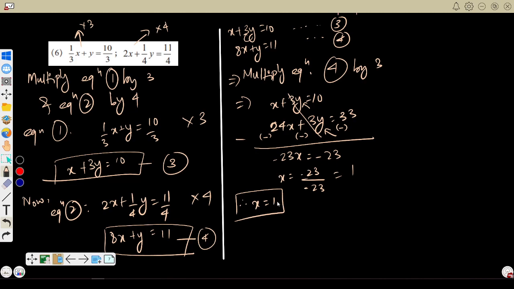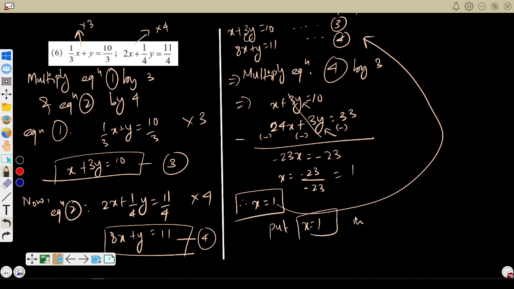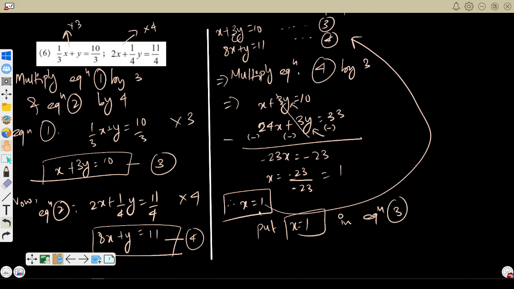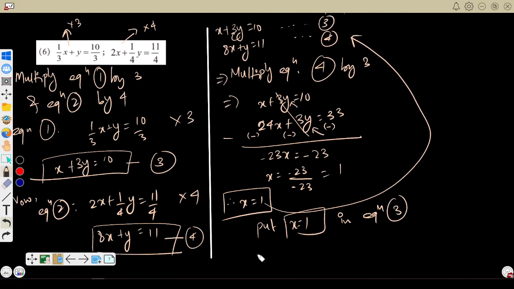To find the value of y, what I will do is, I will put x is equal to 1 in any one of these equations. So I'll write a statement. Put x is equal to 1 in equation number 3. Let me copy the equation first. X plus 3y is equal to 10.